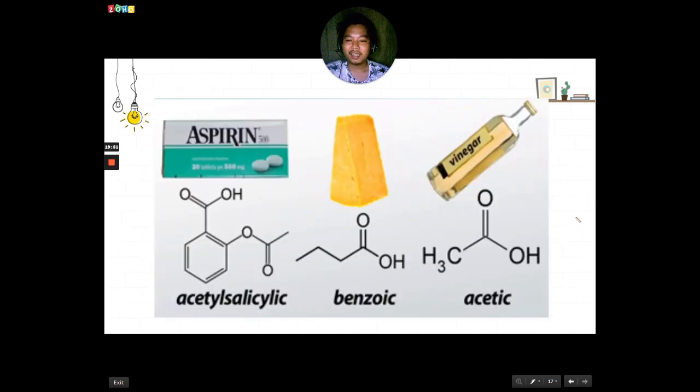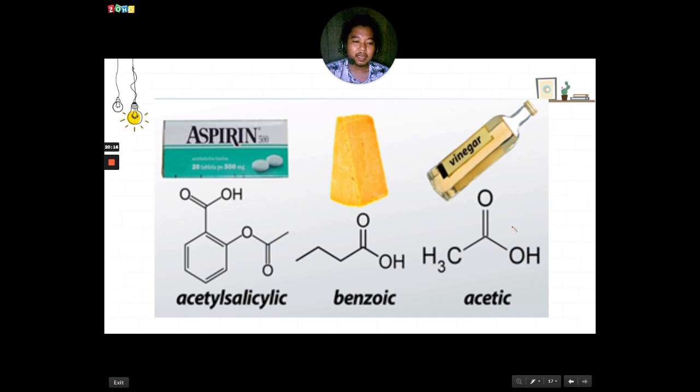So, how are these functional groups important? These are what we use. Usually, we use aspirin for some medication, for dye, for industrial uses, benzoic acid, and the most common, of course, is acetic acid. The one carbon chain, usually we call it methanoic acid, 'di ba?